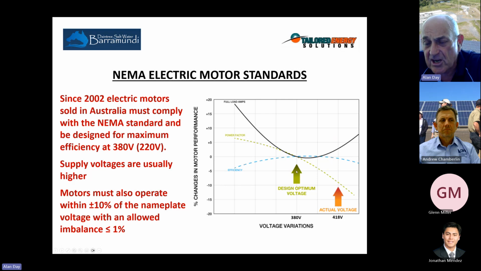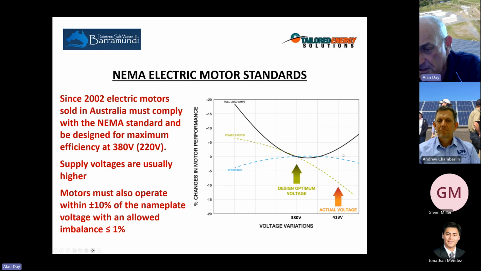If you look at this chart, you'll see that at 380 volts, it's the sweet spot for close to the minimum amperage. It's the convergence of efficiency and power factor.